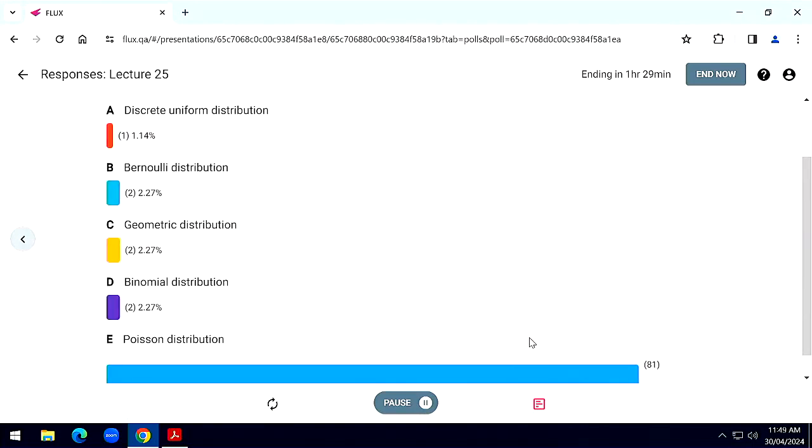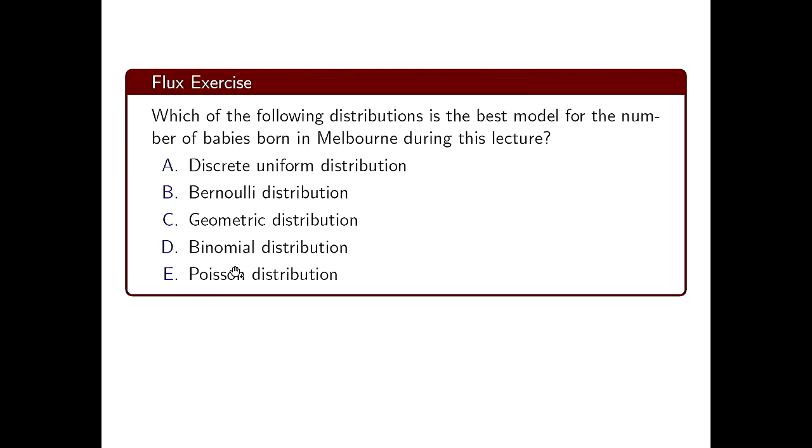Okay, good. So this is Poisson. Just to talk through it very quickly, obviously it's not discrete uniform, right? We're not going to have some number of fixed numbers between blah and blah which are equally likely. That's crazy. It's not only going to be 0 and 1, so it can't be Bernoulli.